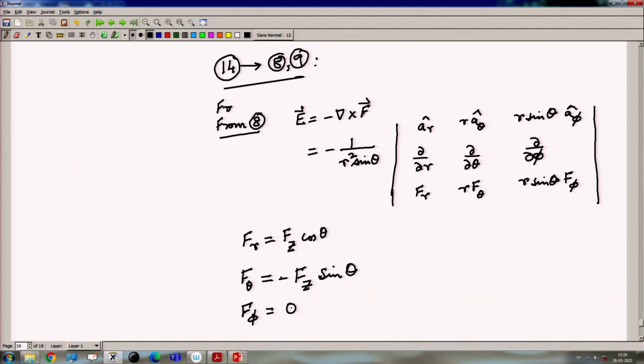Now, all we have to do is to substitute these here and calculate the value of the electric field.